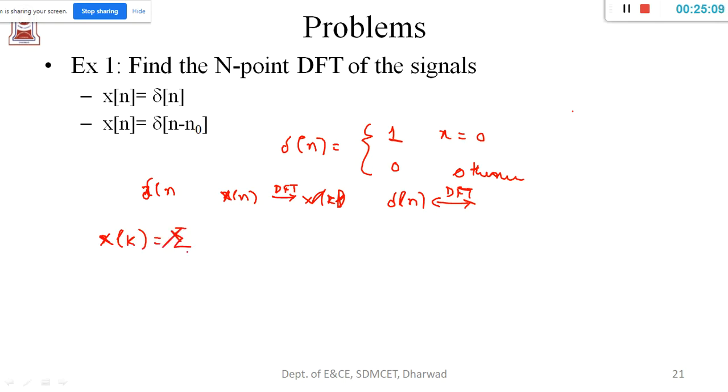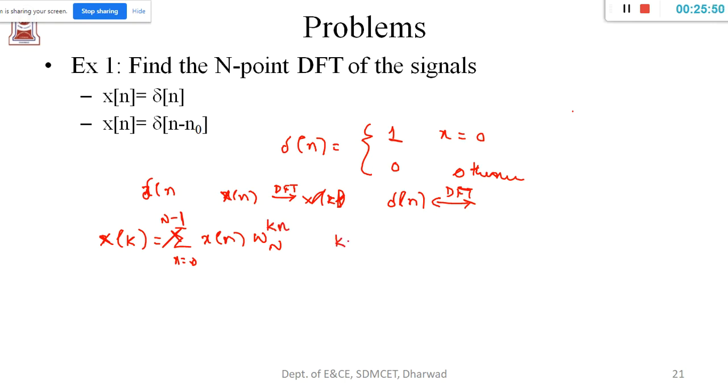X of k is equal to the summation, n runs from 0 to N minus 1, of x of n into W_N to the power of kn.